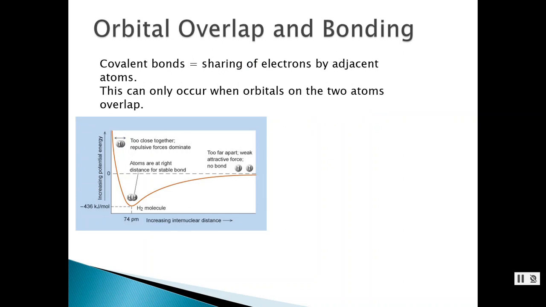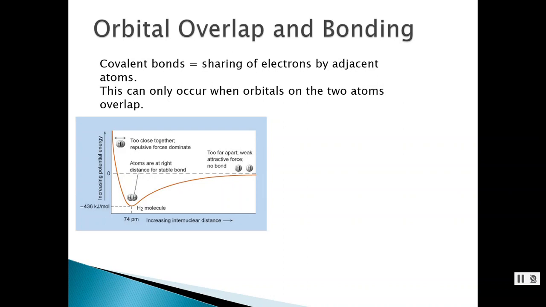From an orbital mindset, we can think about those electrons being shared between two atoms when the orbitals that are involved with the atoms in the bond overlap, so those electrons can be shared.